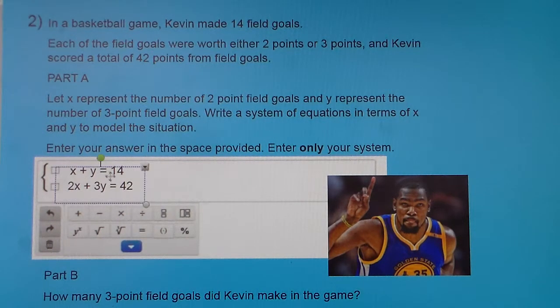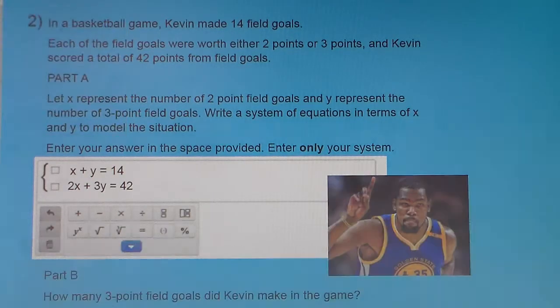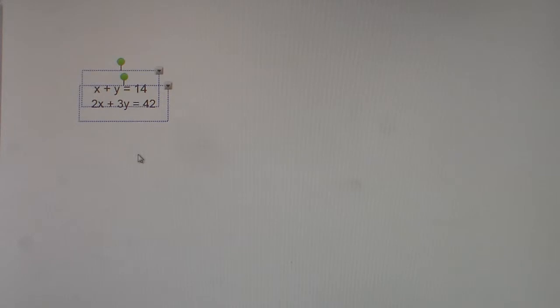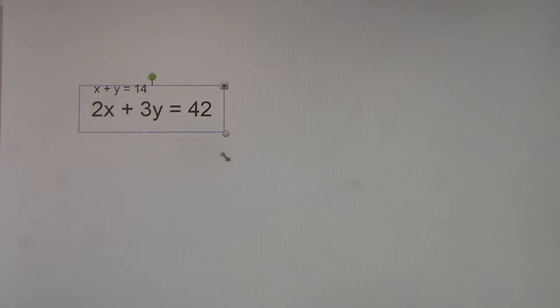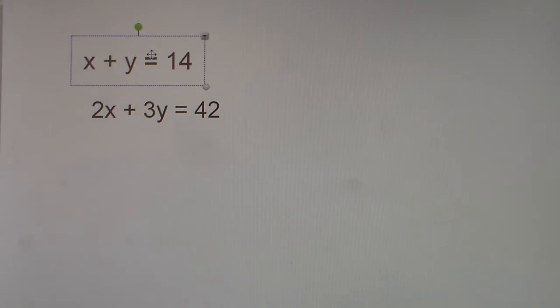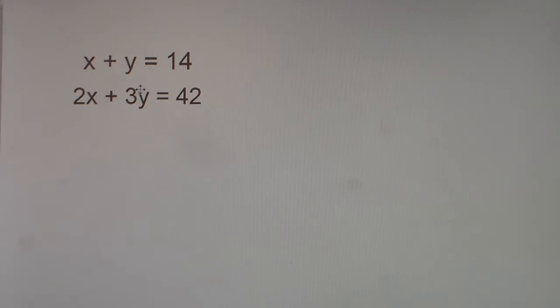Now we're going to solve this system of equations by using combinations, which we practiced before. So I'm going to change the screen. Let's make it a little bit bigger so we can see what we're doing. So you have x plus y equals 14 and 2x plus 3y equals 42.